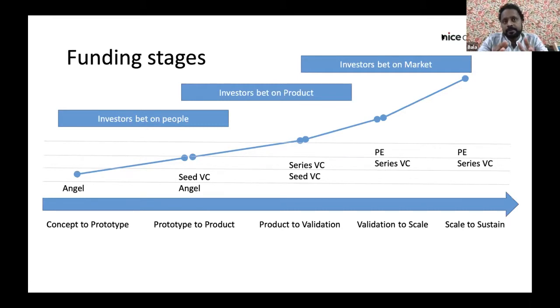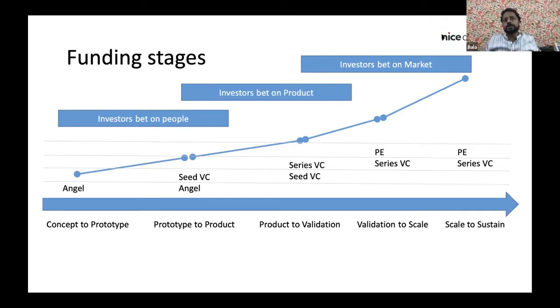And then as you start having a product in the market, but it's not like your product has been there for a long time, and you're not making a lot of money, what we call validation, or product market fit, is not yet there. At that time, they look at the innovativeness of your solution and they bet on that.